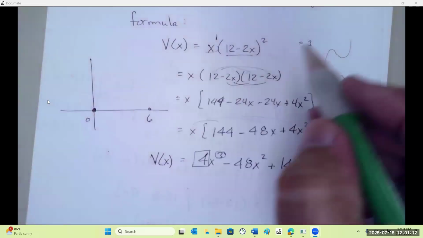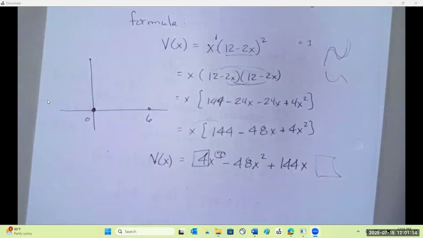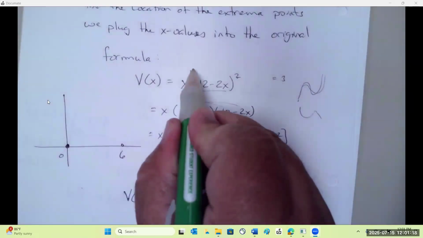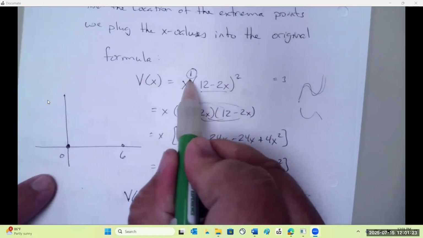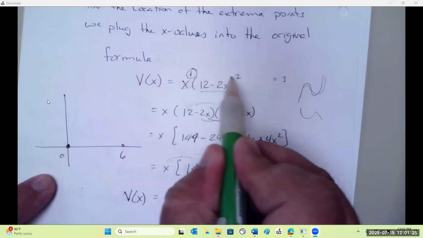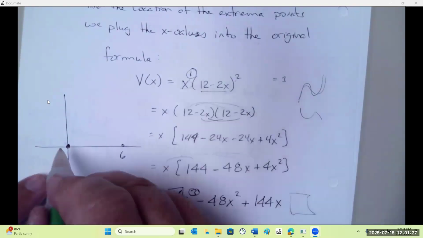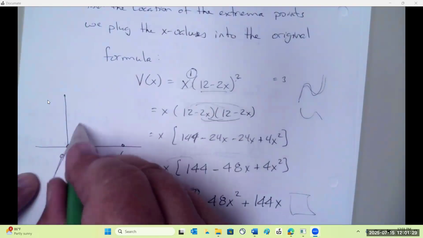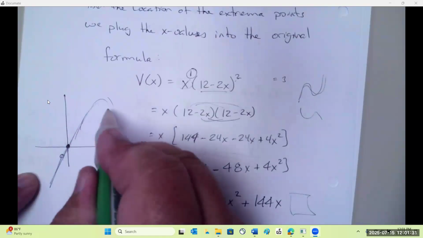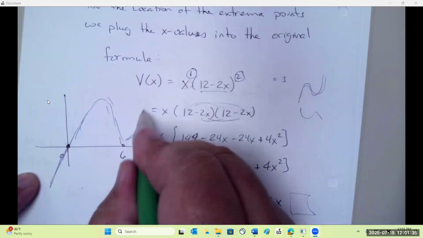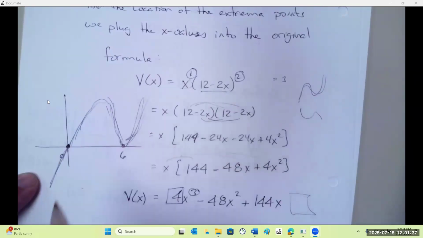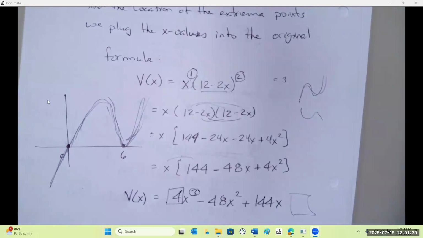And since it's positive, it's an increasing function. Since the degree of the first one is odd, we know this one crosses. Since this one is even, it bounces. So that's what your graph looks like.